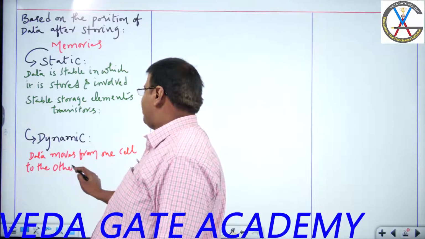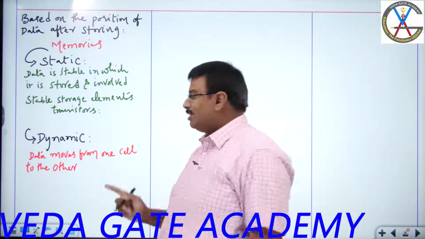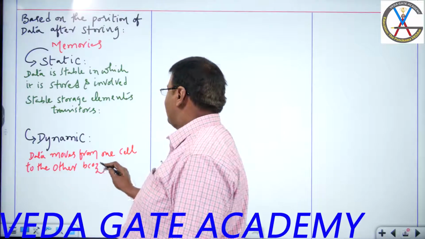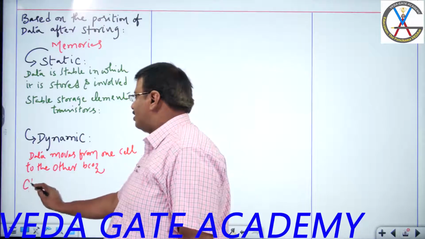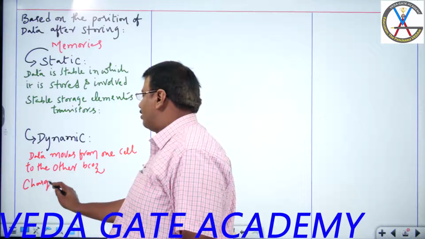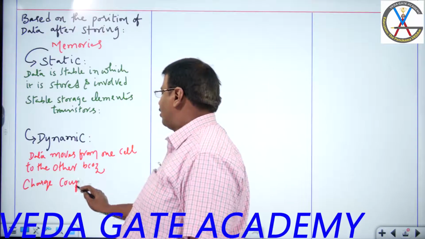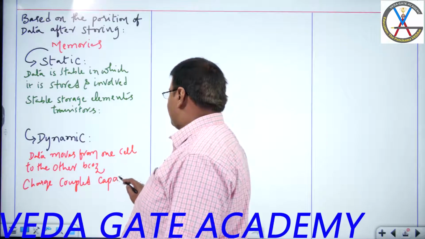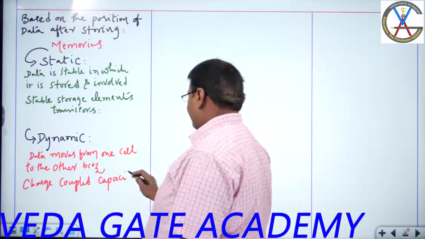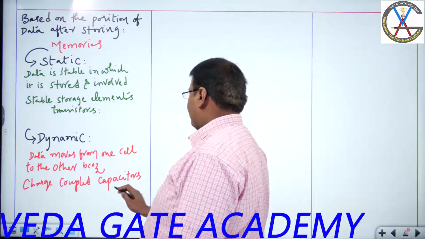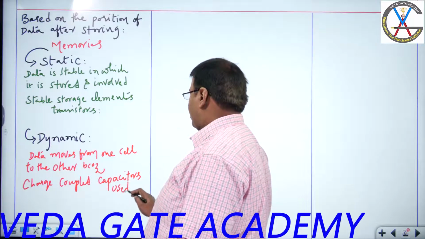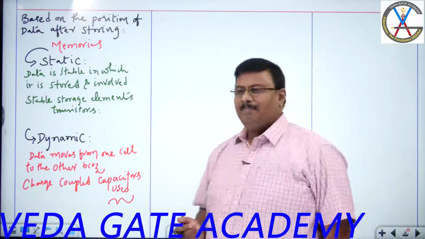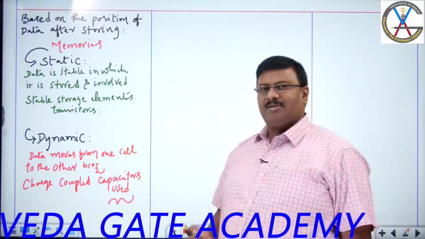That is the concept of dynamic memory: data moves from one cell to the other, because charge coupled capacitors are used. Capacitors in the structure of memory.